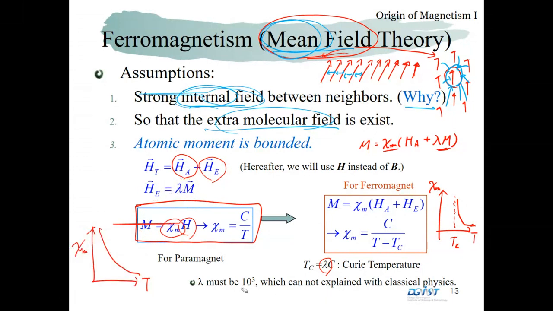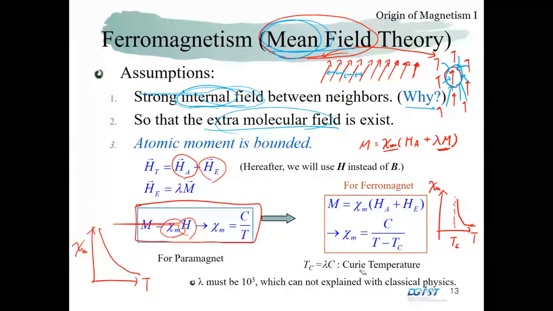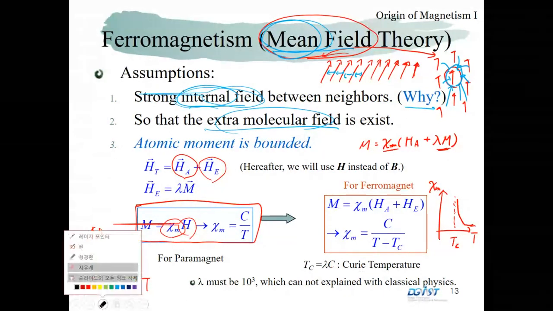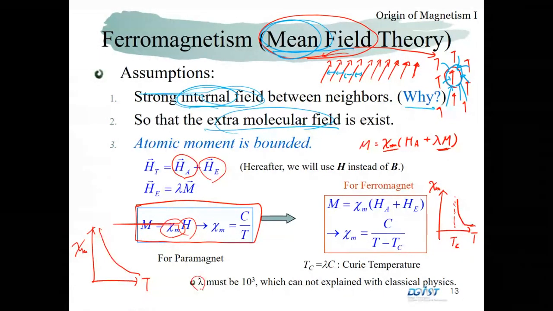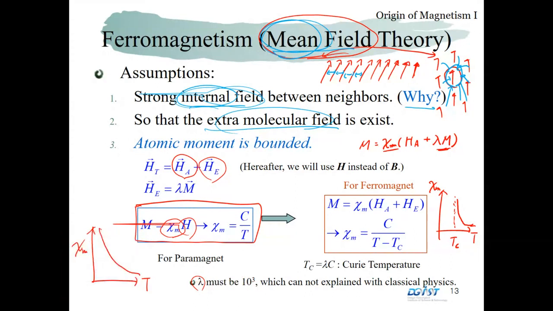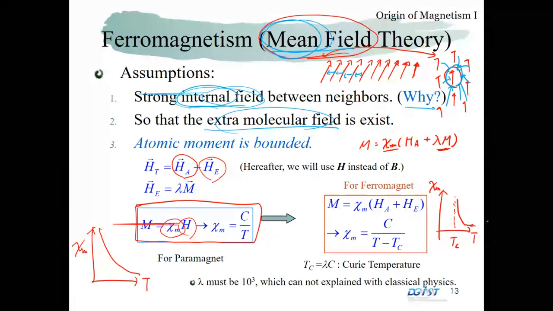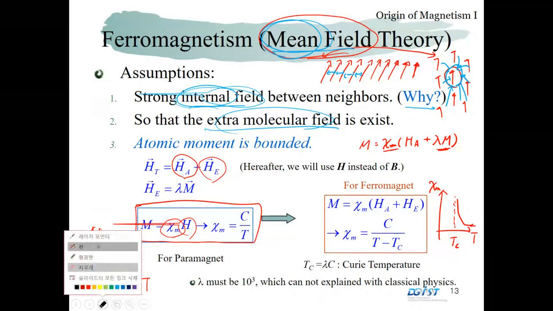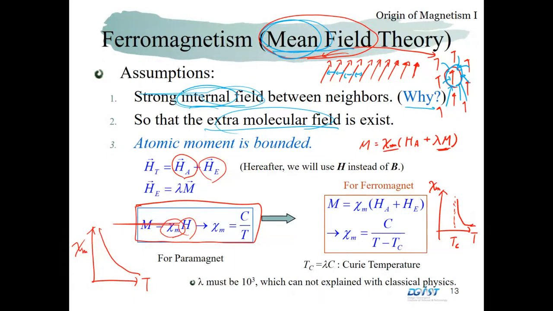But from the experimentally obtained Curie temperature, you can obtain a lambda value that is about 1,000 times larger than classical physics predicts. That's the problem of the mean field theory. But somehow, this inverse proportionality to the temperature well explains the experimental observation.